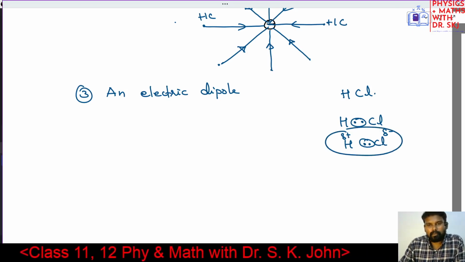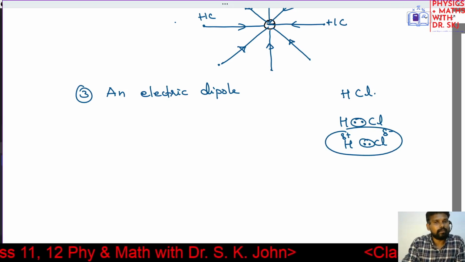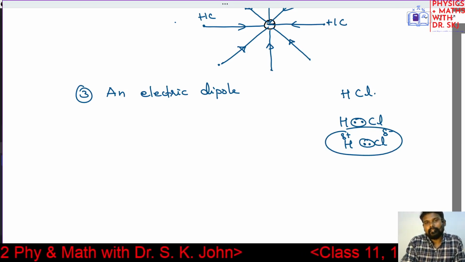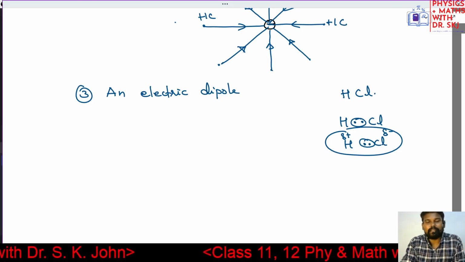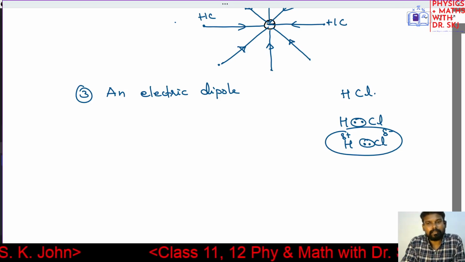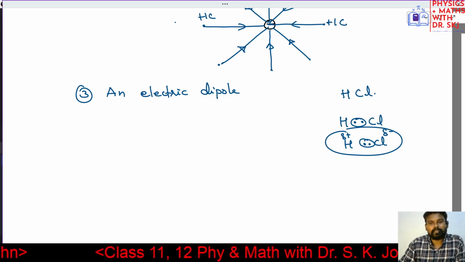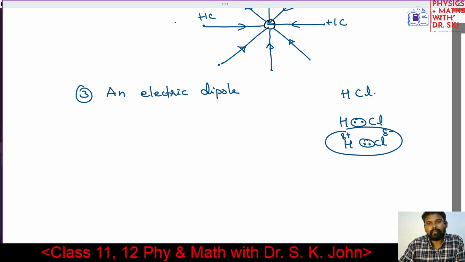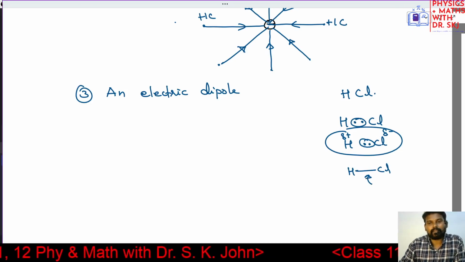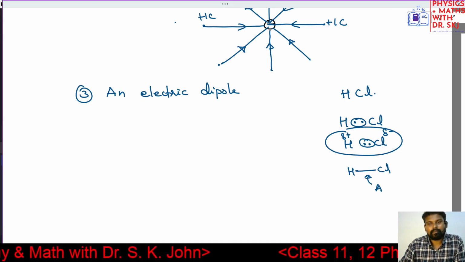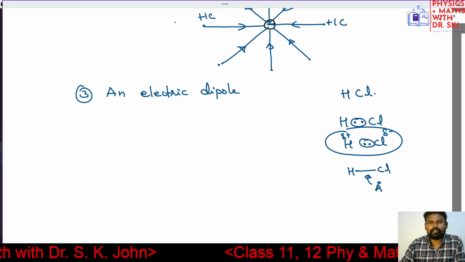Now this hydrogen chloride molecule is a dipole, because at one end it is positive and at the other end it is negative, and they are separated by a small distance. Actually, the bond length of molecules is in the order of angstrom units.